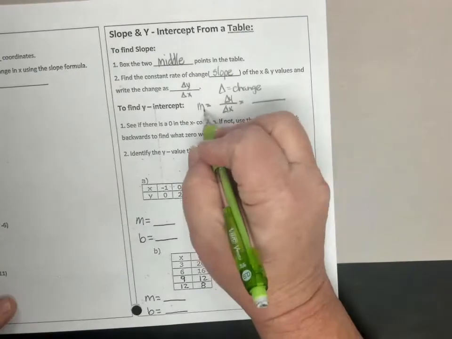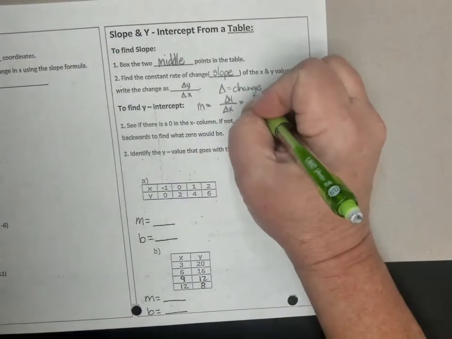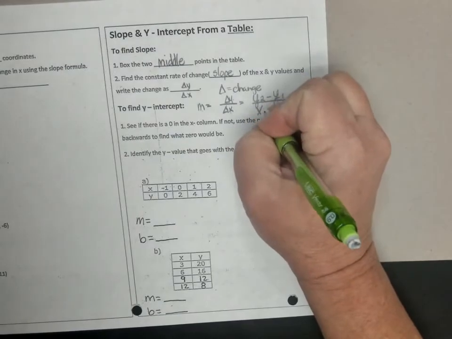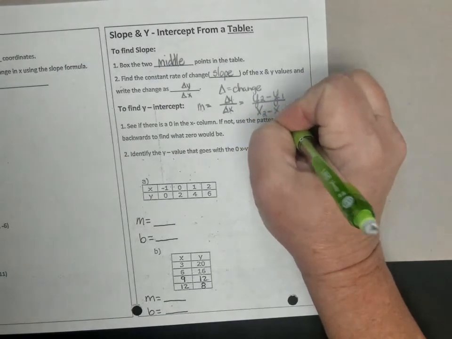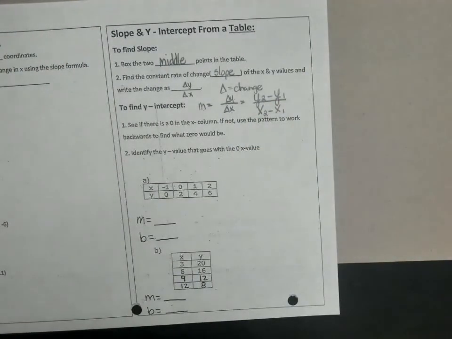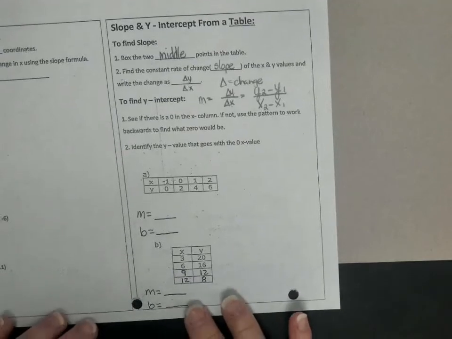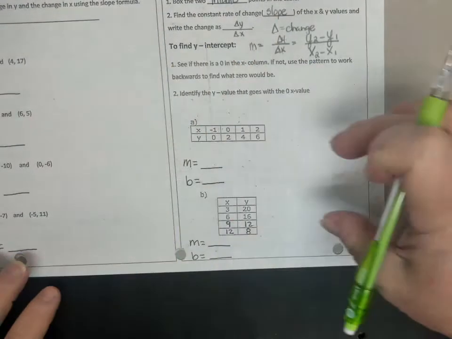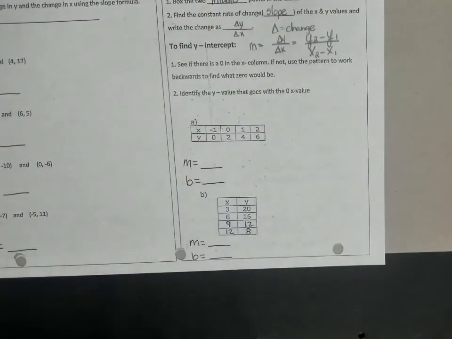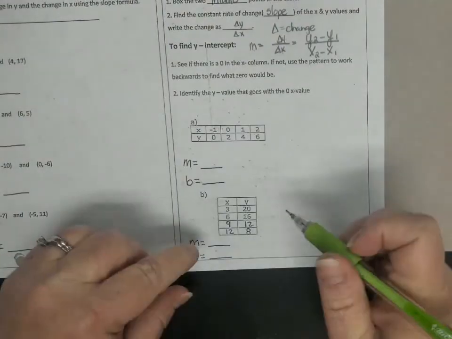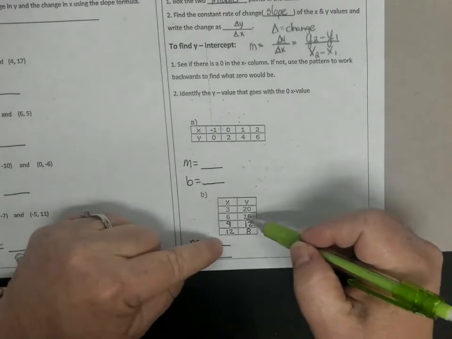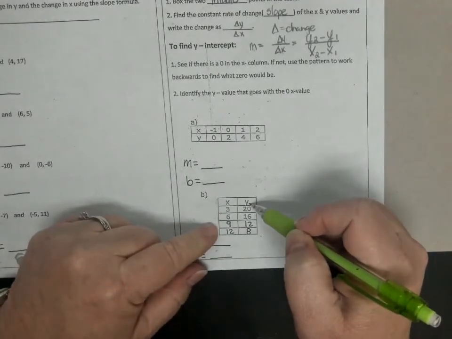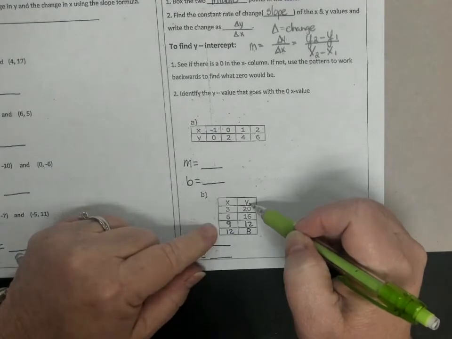So I'm going to show you 2 different ways you can do this, and then we will go from there. So here, m is the change in y over the change in x, so y2 minus y1 over x2 minus x1. So the first thing we're going to do is look at table A. And if you notice, your table is going across. Most of the time, the tables go up and down, and x is always on the left and y is on the right, unless they indicate something differently, which is rare, okay?